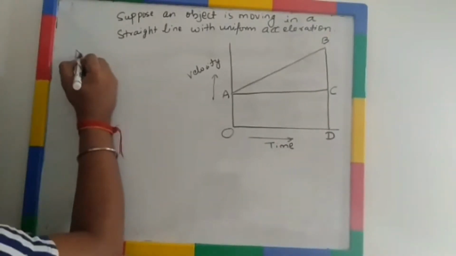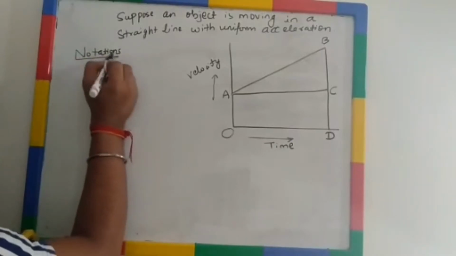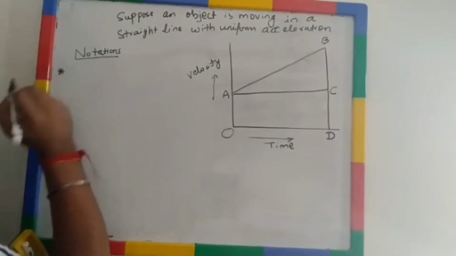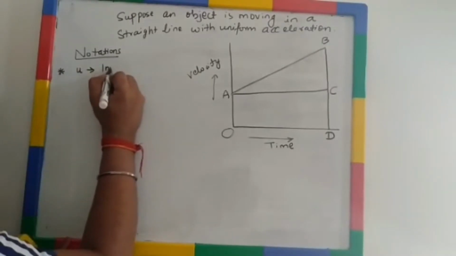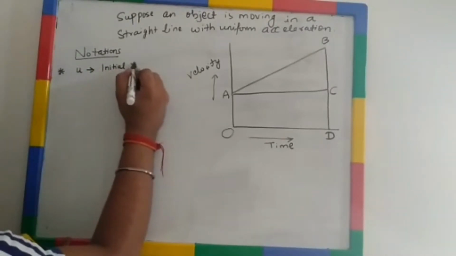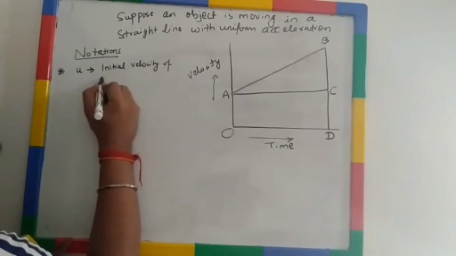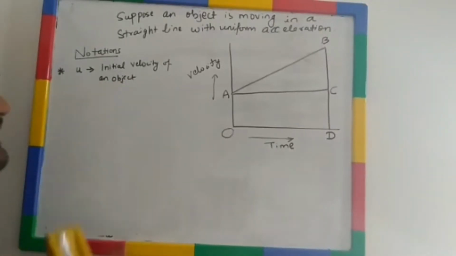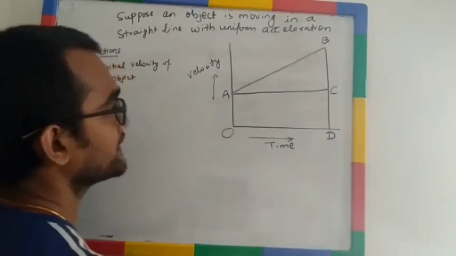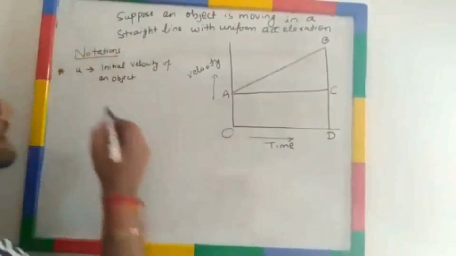First of all, first one is U, which denotes the initial velocity of an object. In this diagram, U will be denoted by OA or CD.